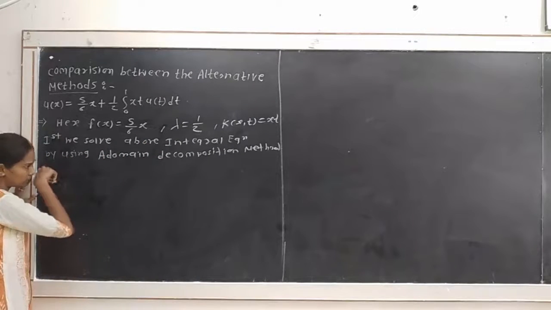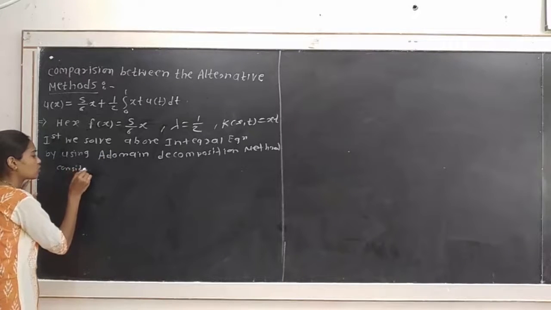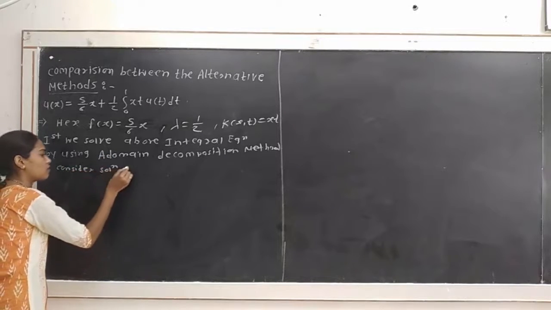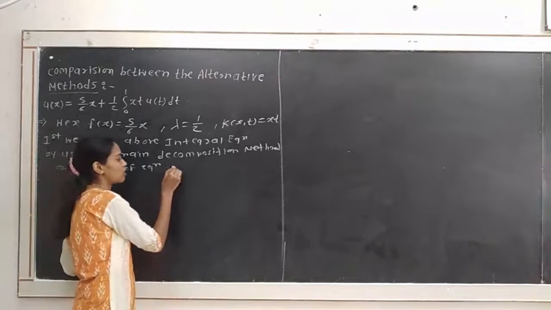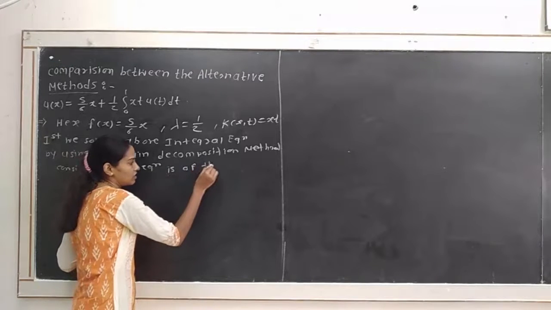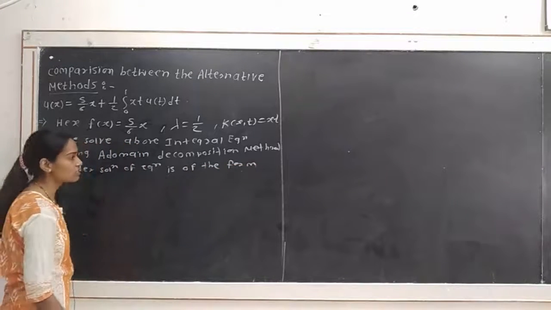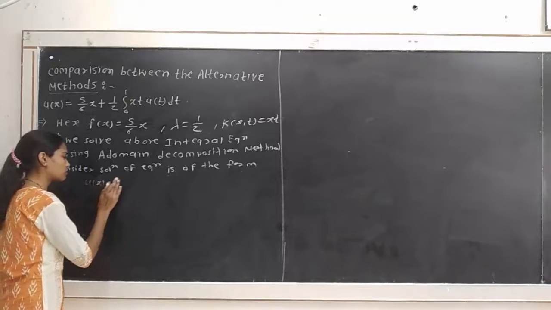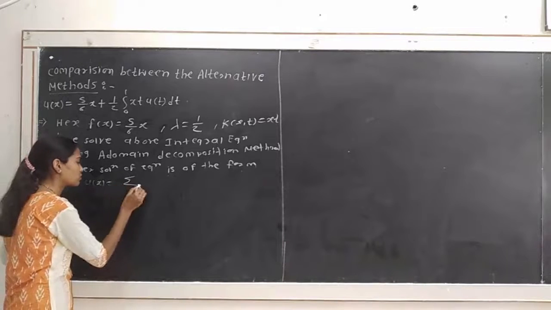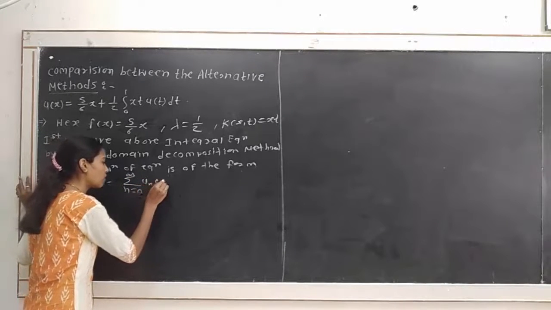So in the Adomian decomposition method we know that we consider the solution of the integral equation in series form. u of x is equal to summation n is equal to 0 to infinity u n of x.